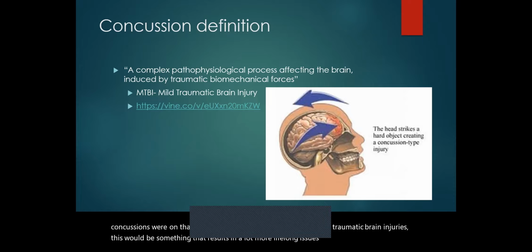So if someone completely loses their ability to speak or process or find words or even control some of their own body motions and things like that, that would be more of that traumatic brain injury. So concussions, MTBI, mild traumatic brain injury.